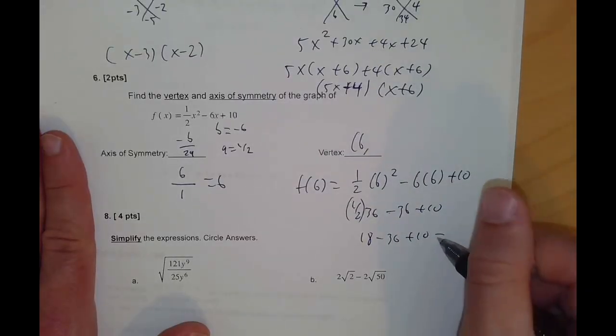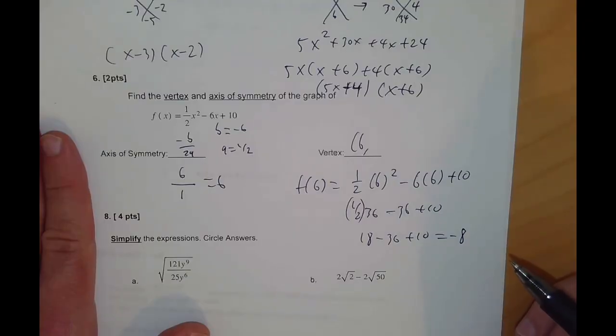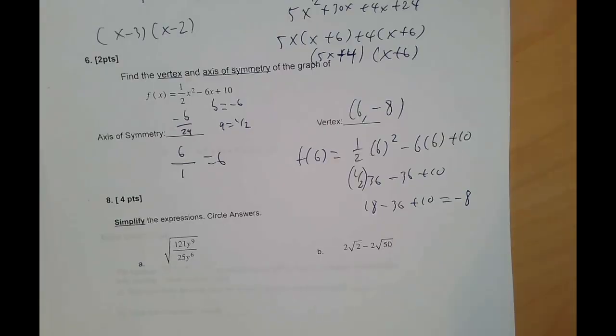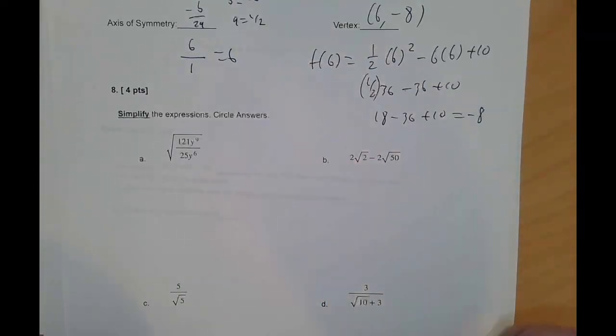I think that's negative 8. I am going to double check that just to make sure I'm right. So 18 minus 36 plus 10. Yeah, it is negative 8. Good. All right.